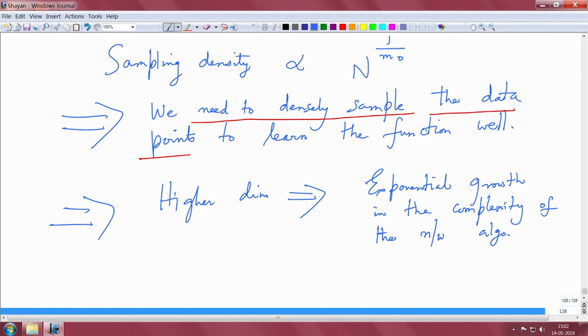But at the outset, going to higher dimensions can help us because we have more generalization ability and we can separate these patterns pretty well. So going to higher dimensions is useful for us, but if we go to higher dimensions, we have to densely sample the data to learn the function well, and this also leads to increased complexity, and the increase can be exponential. So therefore we have this trade off.